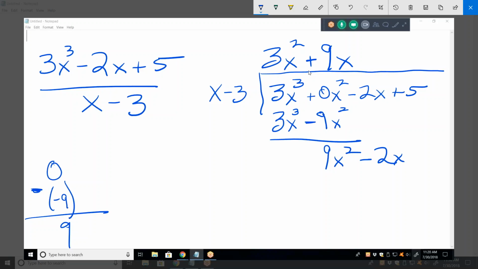Okay, now what? 9x squared minus 27x. That gives 25x.